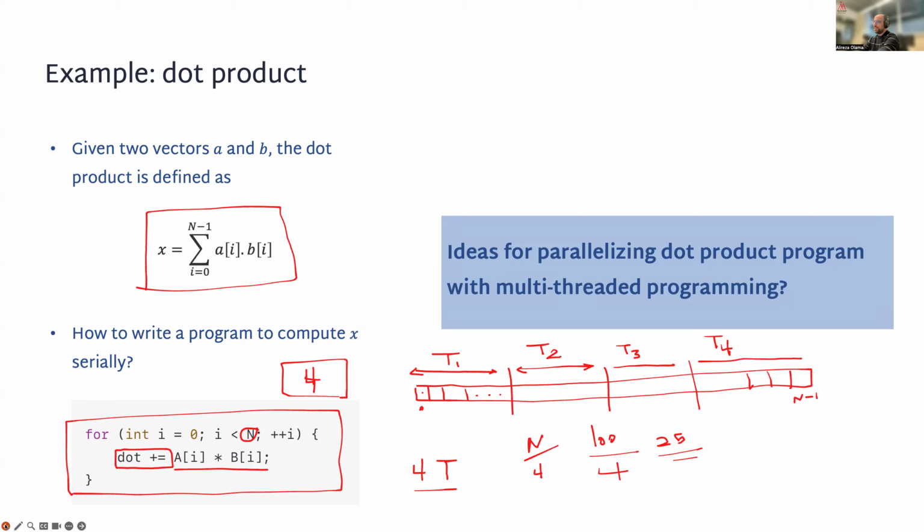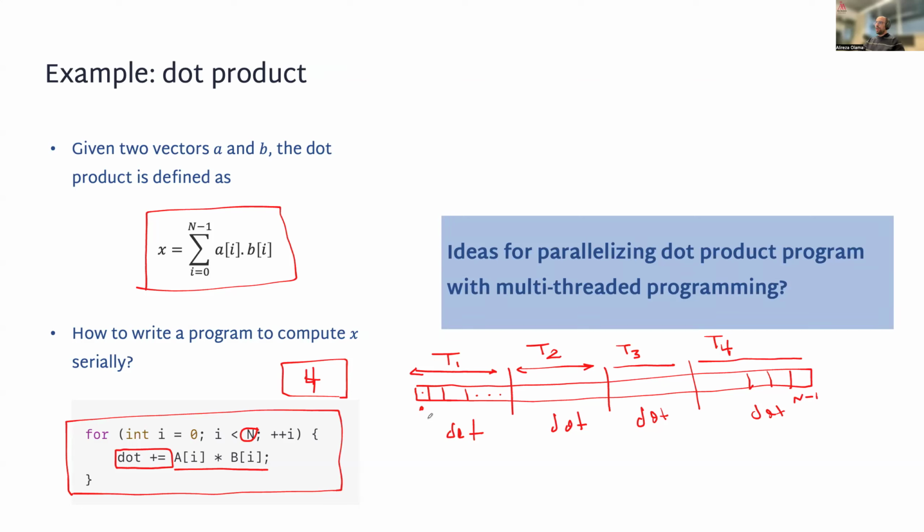Let me erase this part, so I don't need it again. So if I do that, I can compute 1 dot here locally, another dot here, another dot here, another dot here, right? So I have some small dot products instead of the whole thing.